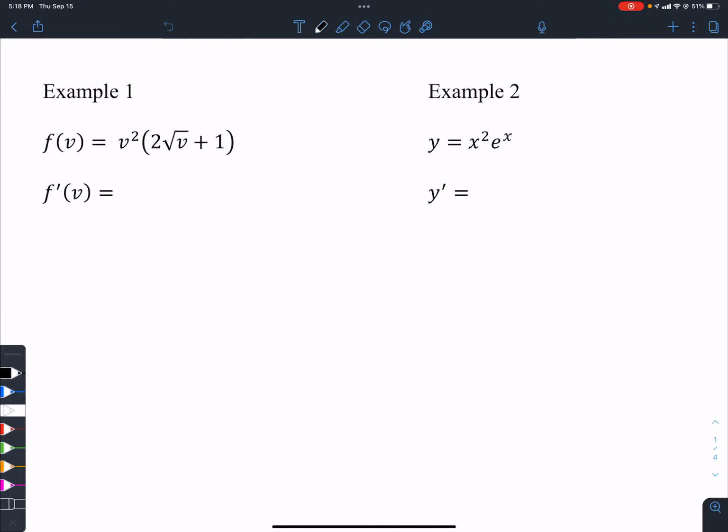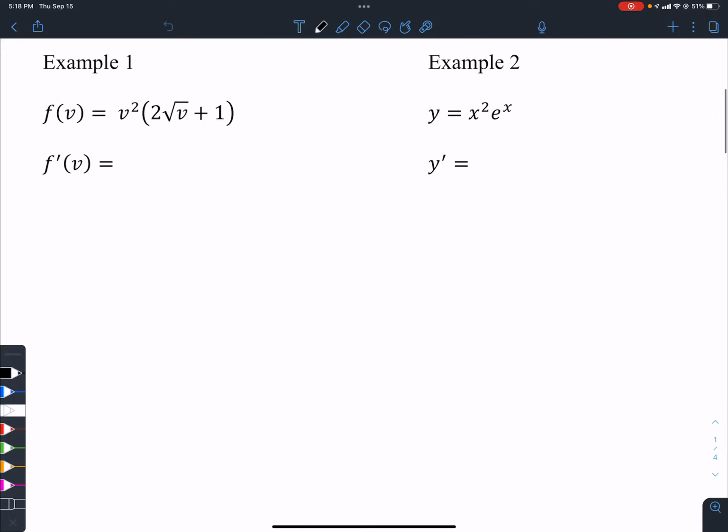So let's start with the product rule. The derivative: you leave the first alone, and you take the derivative of the second. We're going to use the power rule.